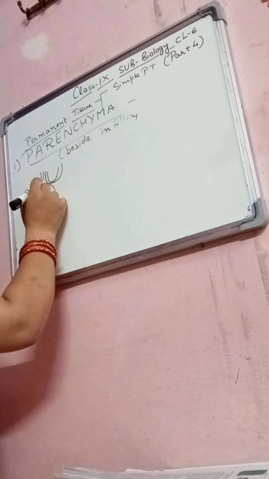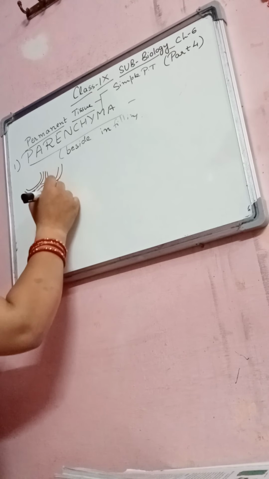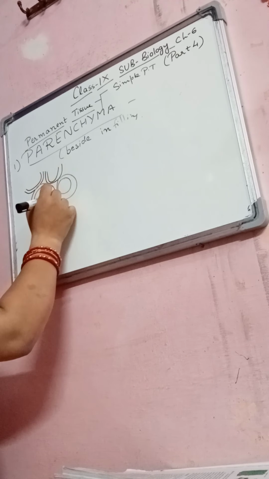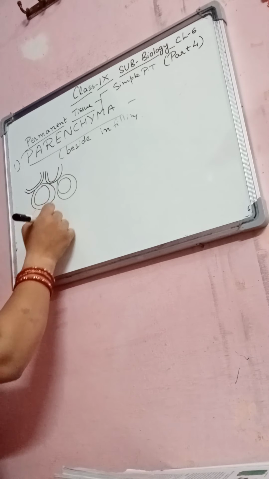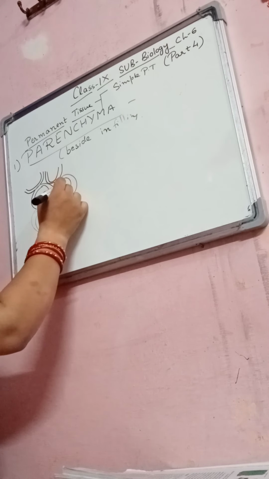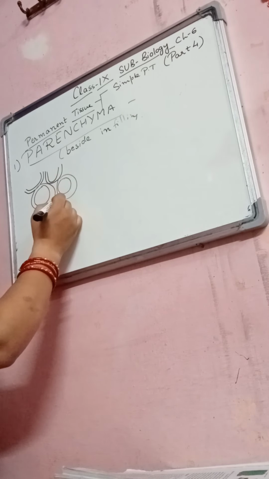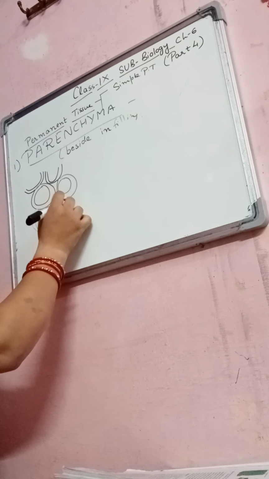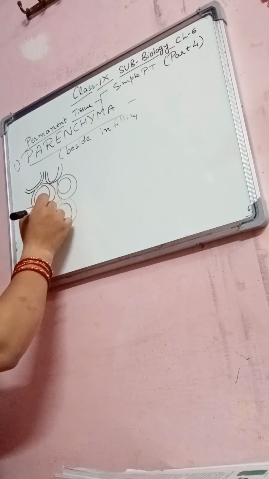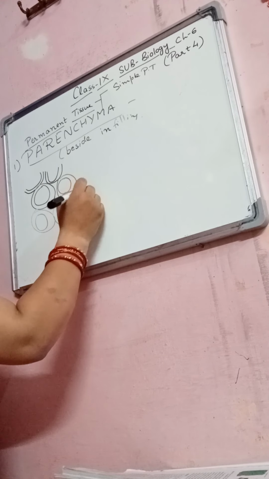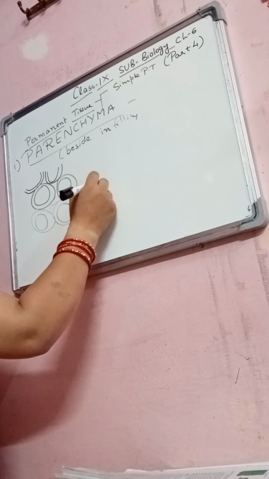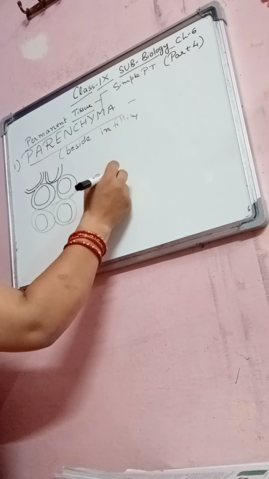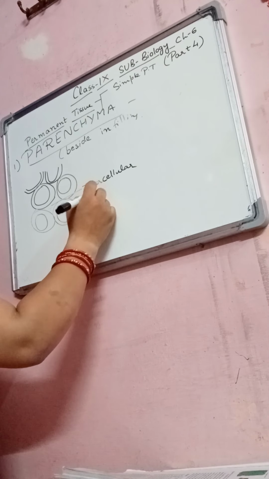These are the cells of the parenchymatous tissue. You will see a large vacuole inside the cell, and some intercellular spaces in between the cells.